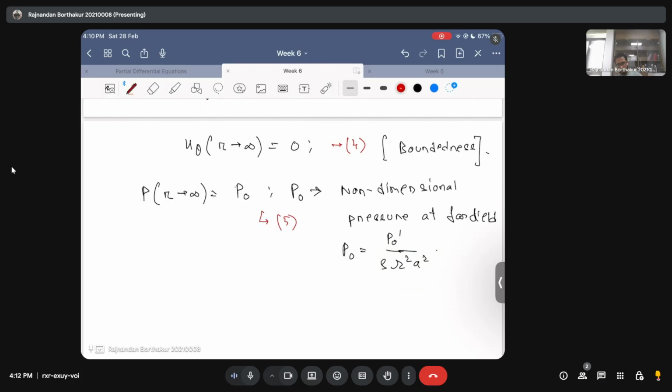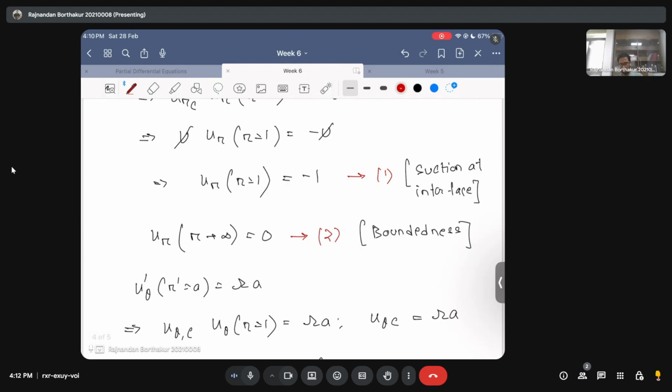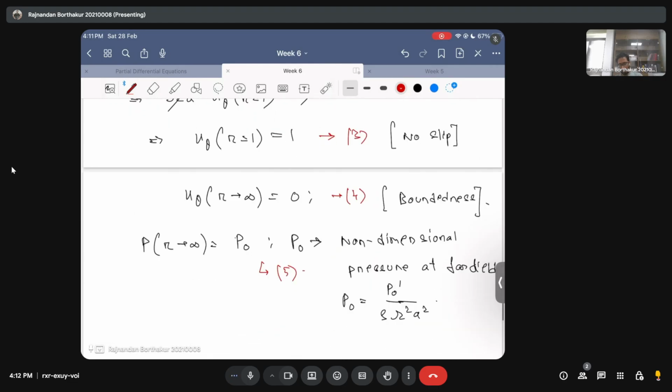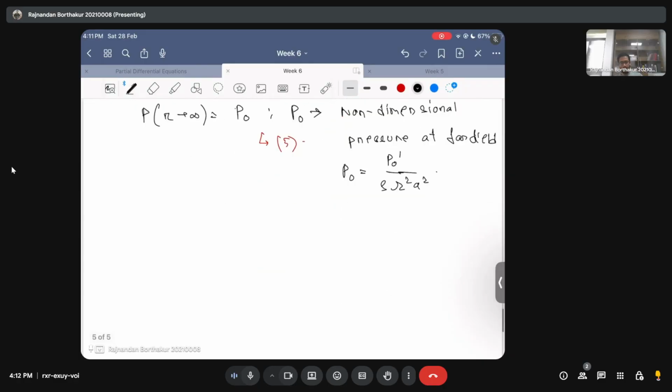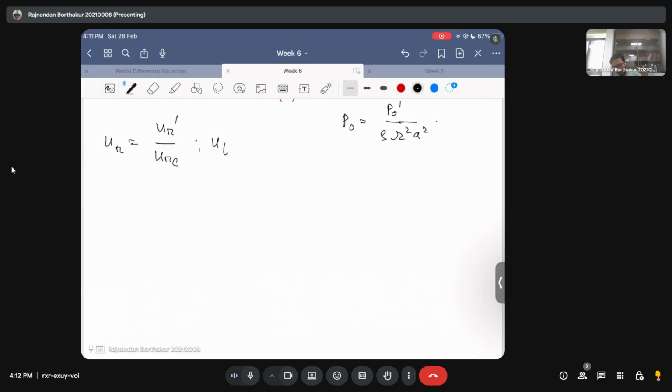That's the first task that we are asked to do, and we have written the boundary conditions here, which are basically these quantities. All right, once we know the dimensional variables and the characteristic variables, for writing the non-dimensional equation we must first introduce the non-dimensional variables. So I will take my non-dimensional ur as ur prime by urc, and my non-dimensional u theta as u theta prime by u theta c.